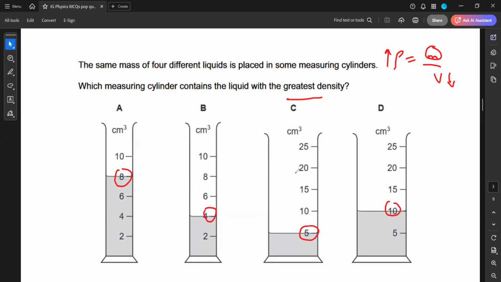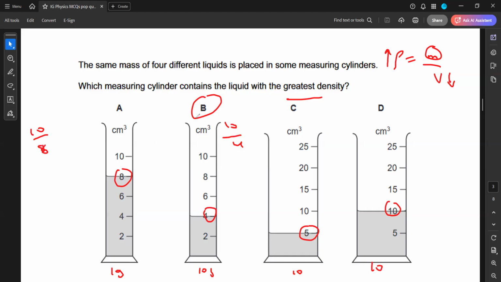So which has the least volume? The least volume is B. The one which has the least volume will have the highest density because they all have the same masses. So if I say this is 10 grams, this is also 10 grams, this is also 10 grams, this is also 10. To get the density of this one, it will be 10 divided by 8. For this one, 10 divided by 4.